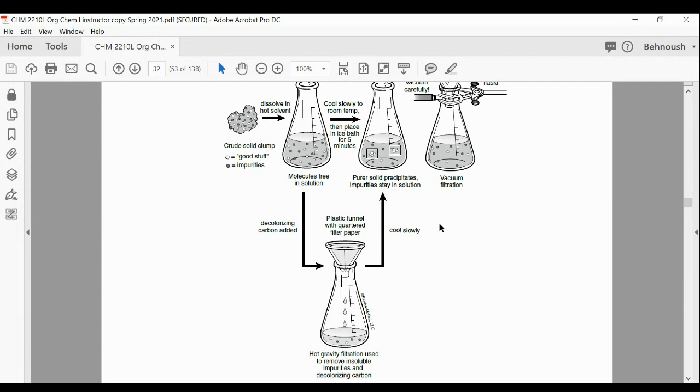And Anam also can help. Under what conditions should we use hot filtration? Did you post the answer? Oh.